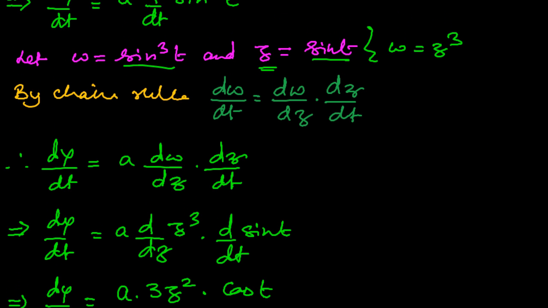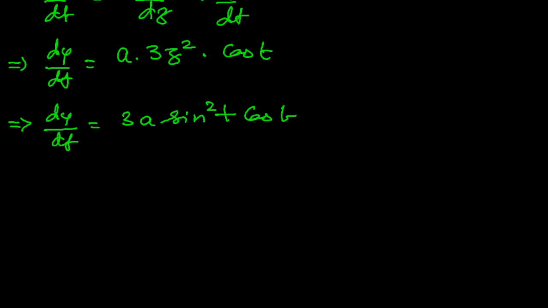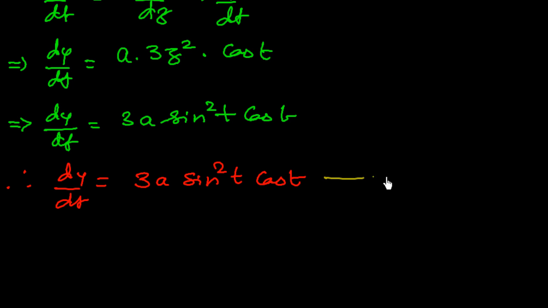So we get 3a sin square t and cos t. Finally dy over dt is equal to 3a sin square t cos t, which is our second equation.